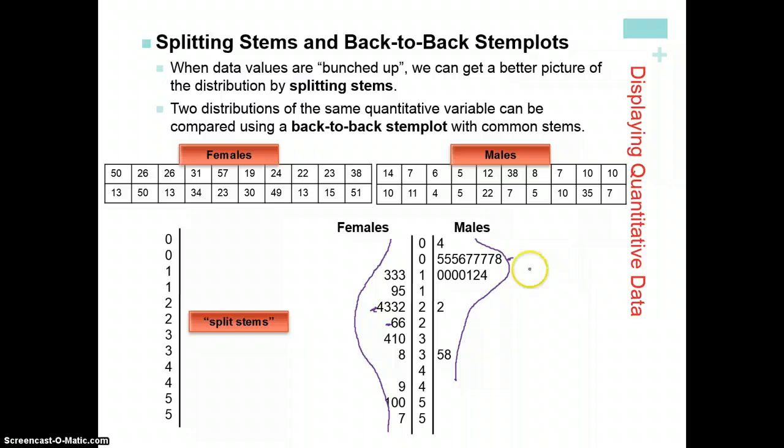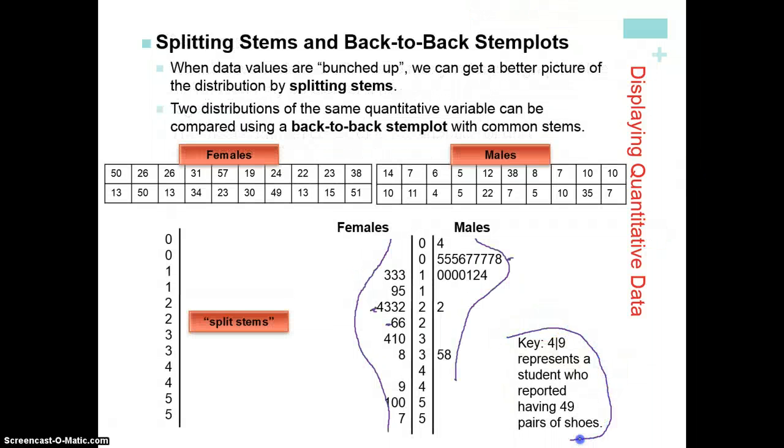So that's just from the range, right? 75 to 13 is much larger than 38 to 4. So it's actually about half the size, like 62 to 32. That's almost double. So let's move on to, oh, notice, let me go back real quick, the keys. Once again, labeling your graphs, providing a key. In context, 49 pairs of shoes.